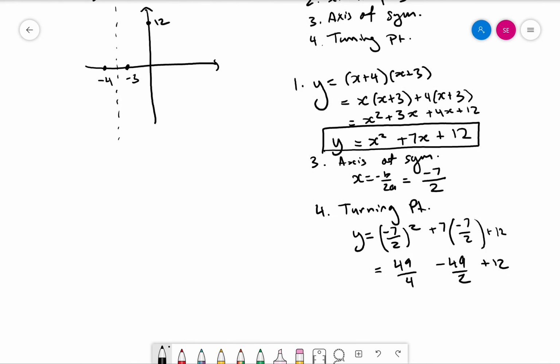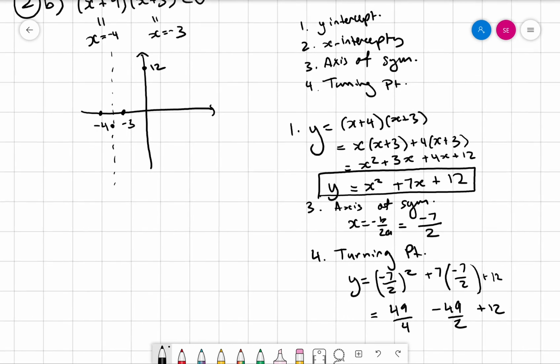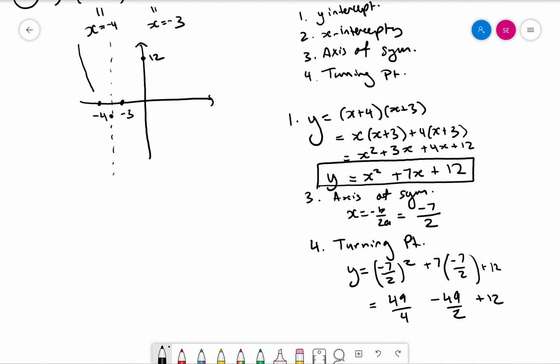And that'll give us some number that's negative. I can't be bothered to figure it out. Anyway, some number down here. If you have a calculator, by all means figure it out. Alright.